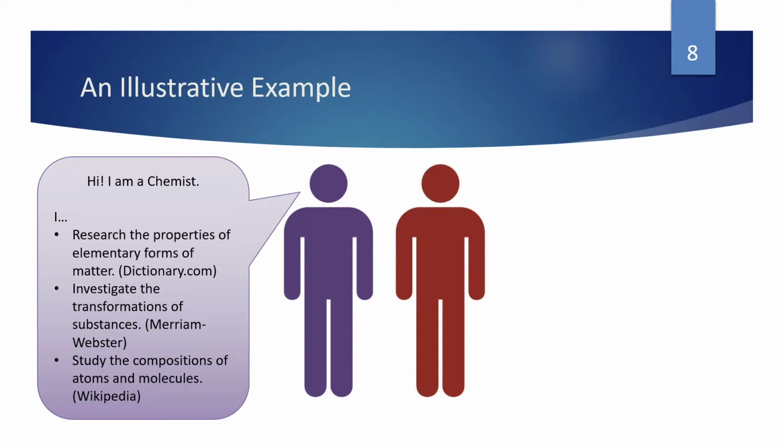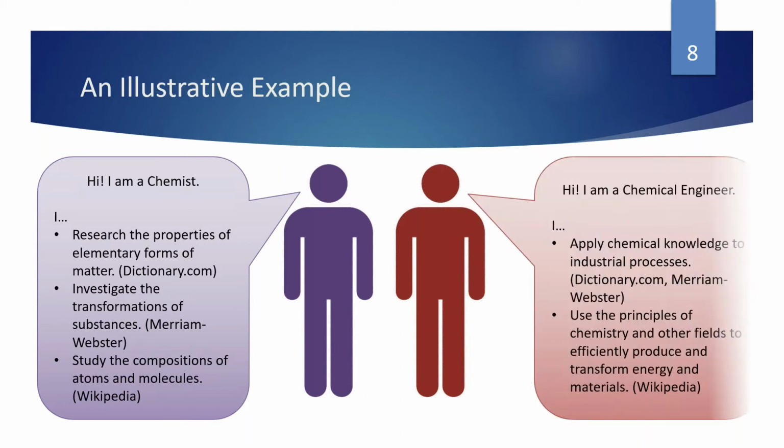Now the person on the right, we asked them, you can probably guess who it is. They're a chemical engineer. Hello, chemical engineer, what do you do? So the chemical engineer might reply, I take my knowledge of chemistry and I apply it to certain industrial processes. Maybe I look into certain properties of materials and say, how could we use this in industry? Maybe I could consider improving upon the material in some way.